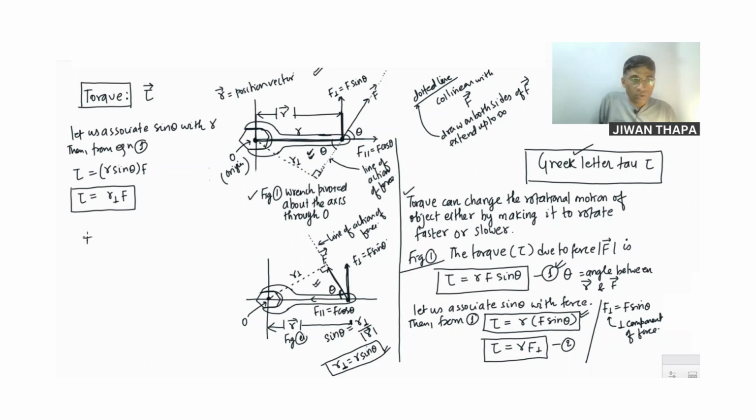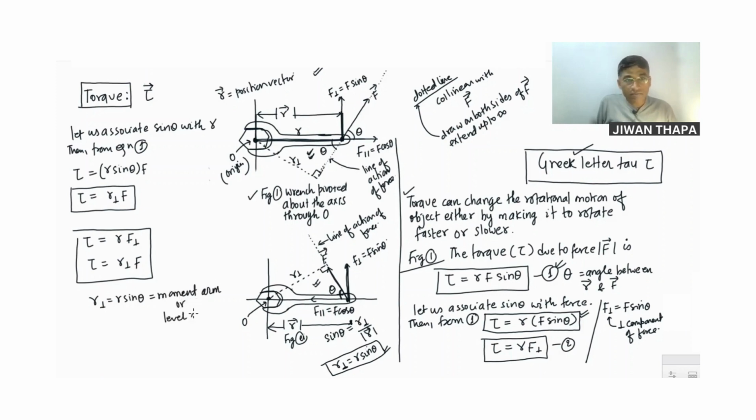Torque tau equals r times the perpendicular component of force. Next, torque tau equals r perpendicular times the force. Clear? And this r perpendicular, which is r sine theta, is called the moment arm or the lever arm.